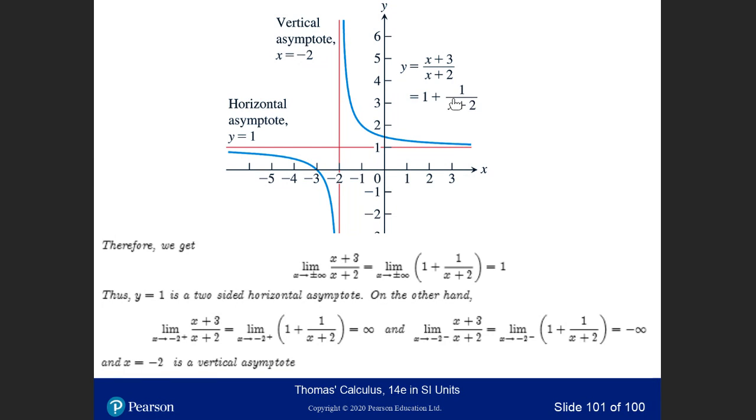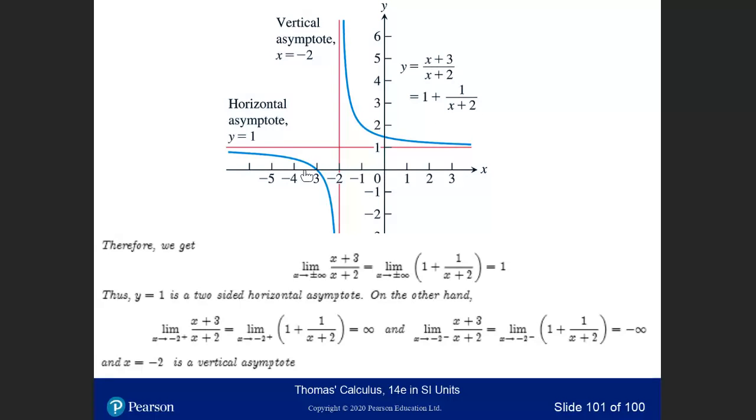But here, if I go to plus infinity, this is a positive number added to 1. So my function value is greater than 1. Although it's very small, still greater than 1 when x goes to infinity.